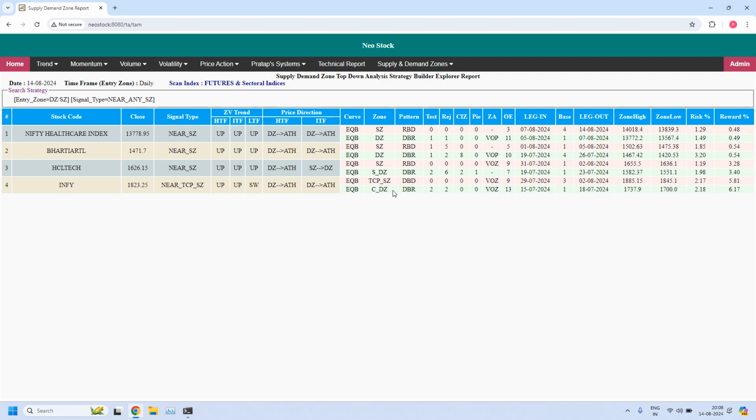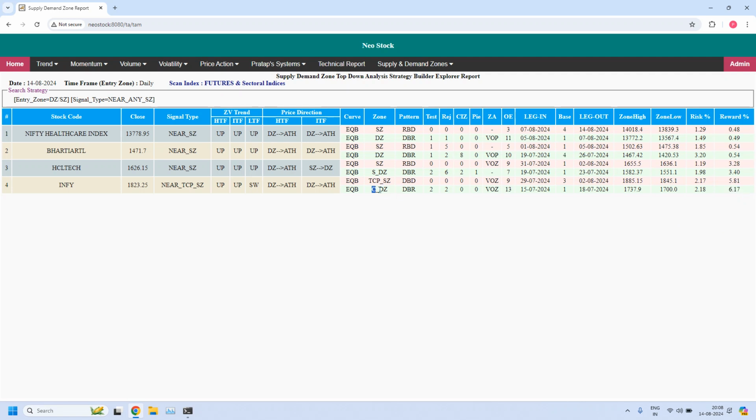So you get an opportunity to plan trades on either side, but it may not be easy to get into this demand zone because the reward is already 6%. That means the price should go down by close to 6%, and only then will price enter this.